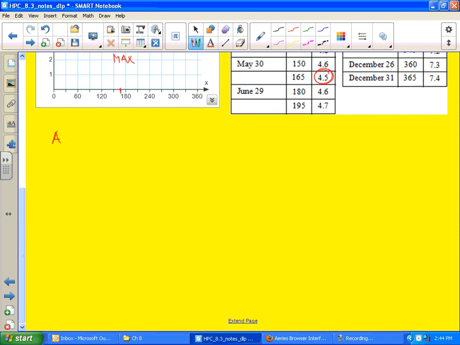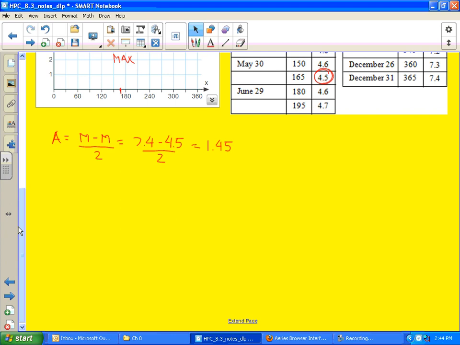Our A, max minus min over 2: we have 7.4 minus 4.5 over 2, and that's going to give us 2.9 over 2, which is 1.45. My amplitude.